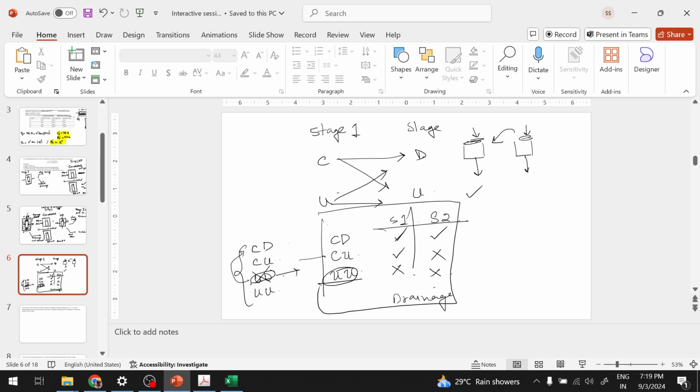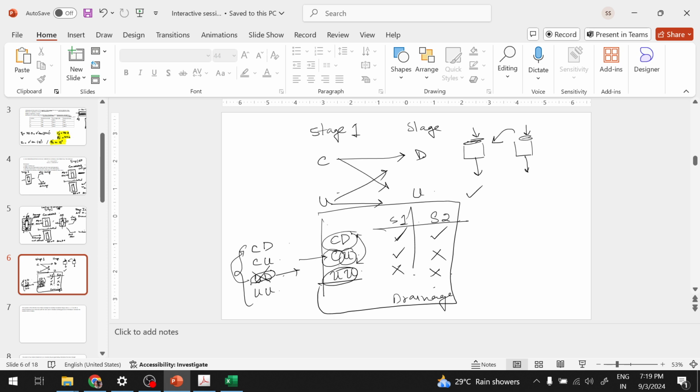The CU test is fairly in between these two, because in the first stage you are allowing consolidation to take place, it will take time, but the second stage will not take that much time.